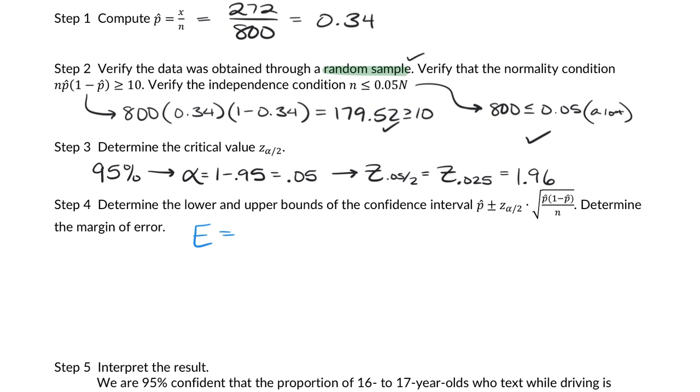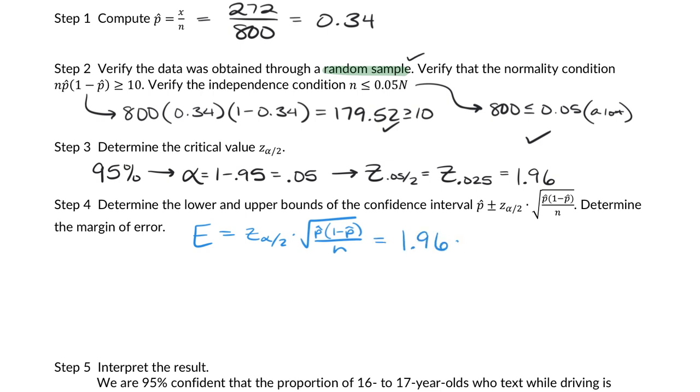The formula is z of alpha divided by 2 multiplied by the square root of p hat times 1 minus p hat over n. Well, guys, we just found the critical value in the problem before this. What is my critical value? 1.96.